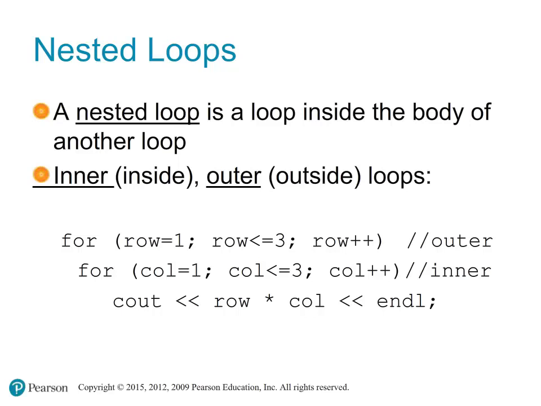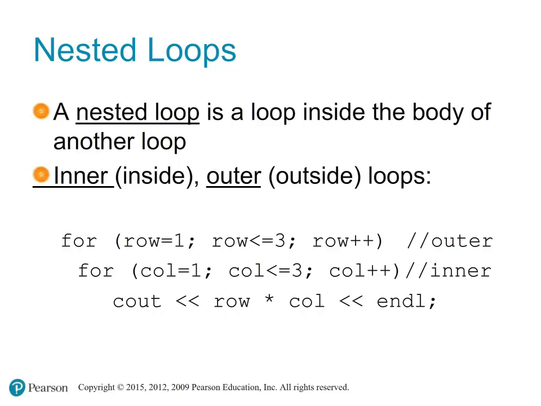In this example, it is the loop with the col variable, C-O-L. For each iteration of the outer loop, the inner loop completes all its iterations. This means if the outer loop runs n times and the inner loop runs m times, the total number of iterations of the inner loop body will be n multiplied by m.